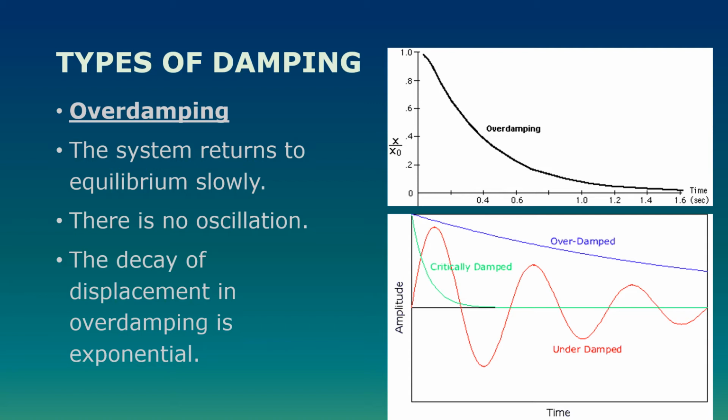The terms light and heavy are sometimes used incorrectly for underdamping and overdamping. Sometimes overdamping is called heavy damping and underdamping is called light damping, which is technically incorrect. It's correct in that overdamping is heavier than light damping, but heavy and light are relative terms. You can have heavy and light underdamping.